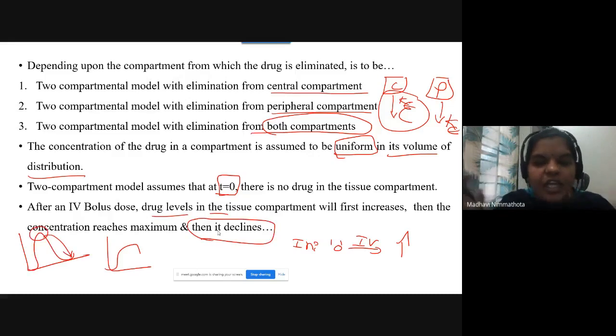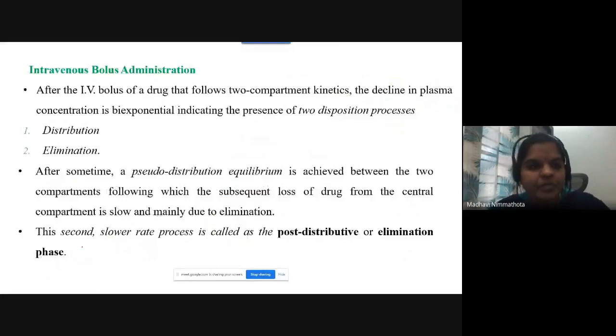Initially there is no plasma drug concentration at time 0. As time passes, after you take the dose, that is your IV bolus dose, the drug levels will increase with respect to time. After a certain point of concentration, if the drug reaches it, then it will decline.